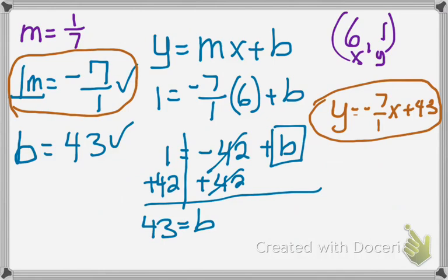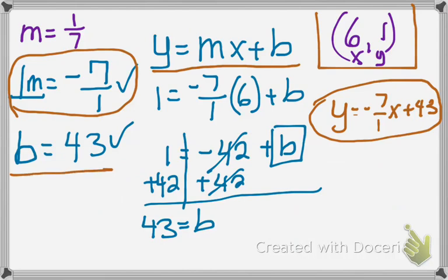Now I'm going to take the point that the tangent line touches and my slope and plug into slope-intercept form of a line. Well, we did that. We found what? A b. Once you have your perpendicular slope and that y-intercept, you can make your equation for the tangent line.